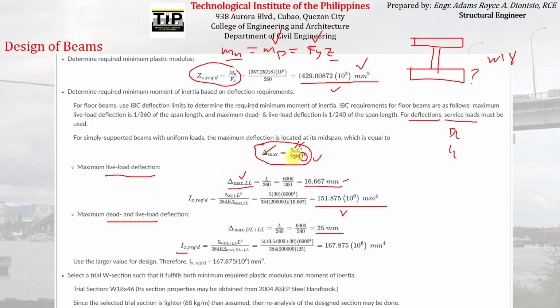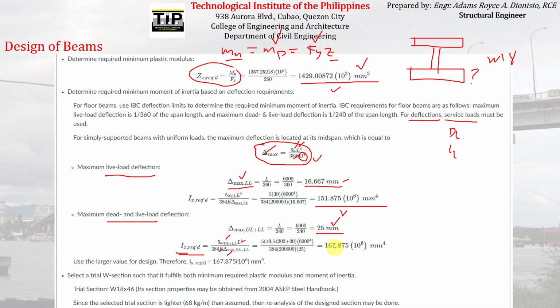Again, substituting everything in the formula, the W, the L, the delta that we have computed here, and then the E, we can compute the moment of inertia. And again, you just have to realize that the W is just equal to dead load plus live load. We just use the service loads for the computation of deflection. We don't multiply them with a load factor.